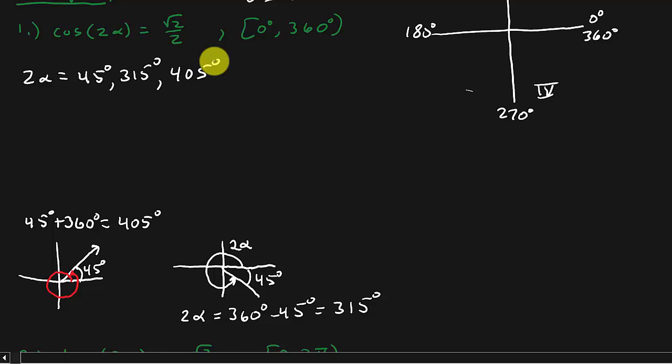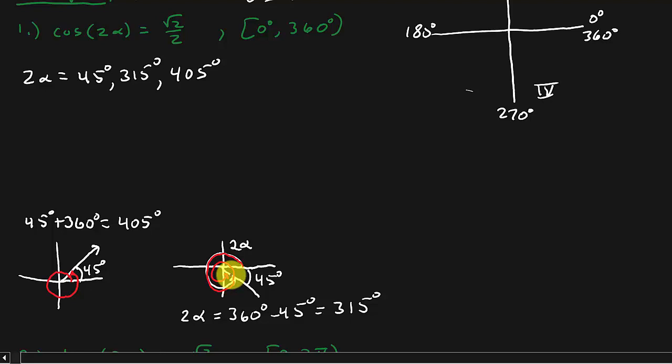All right, so I'm on my way around twice. Okay, now let's take a look at this one. This angle right here, that's 315 degrees. But if I add 360 to this, look at this. I'm right back there.